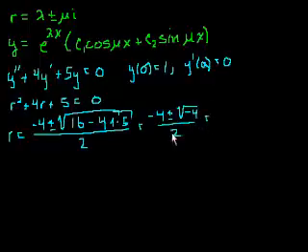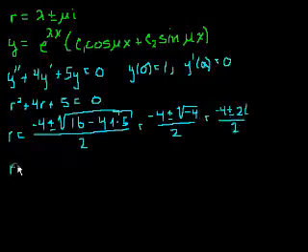And that equals minus 4 plus or minus 2i, right? The square root of minus 4 is 2i. All of that over 2. And so our roots to the characteristic equation are minus 2, just dividing both by 2, minus 2 plus or minus, we could say i or 1i, right?